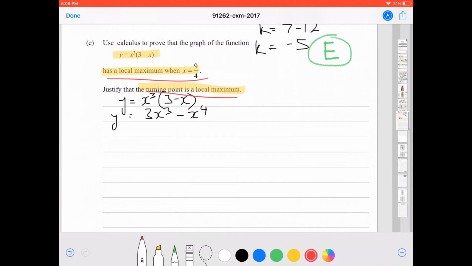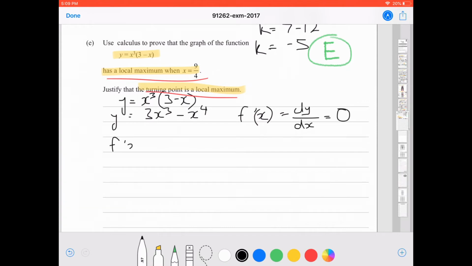At turning points, at maximums and minimums, f dash of x, or in this case, they've given it to us in Leibniz notation, so dy over dx, that equals 0. So let's differentiate our function here.